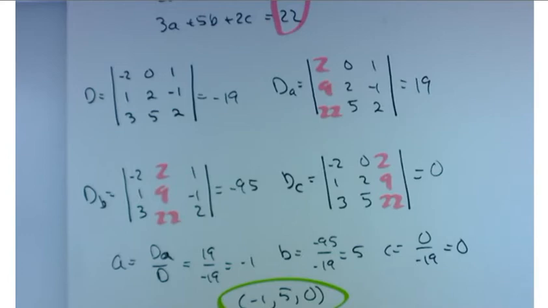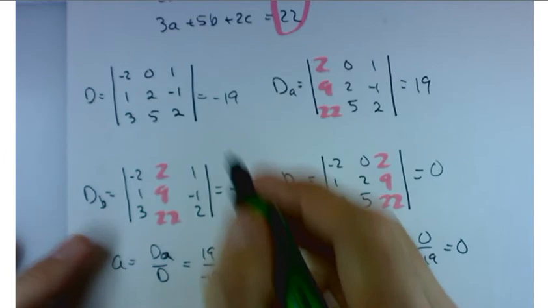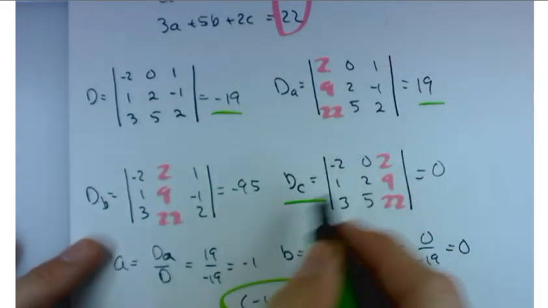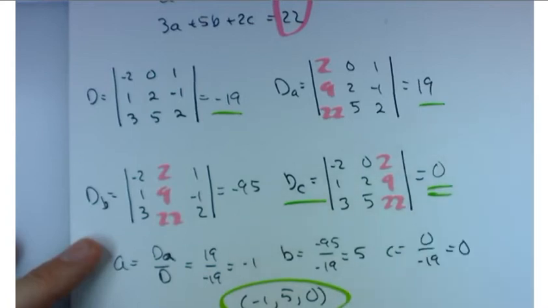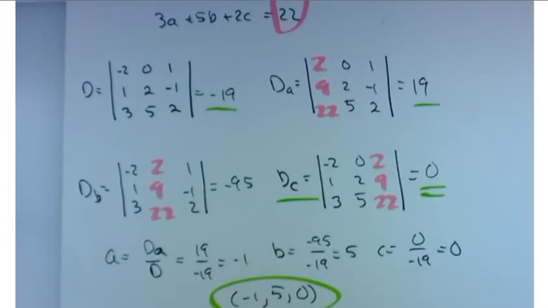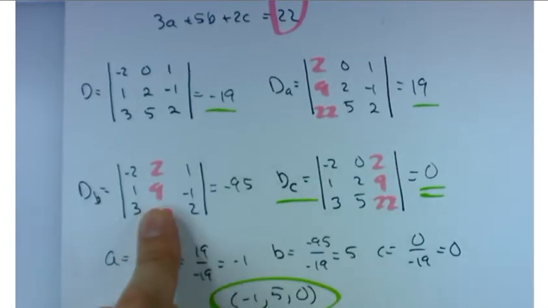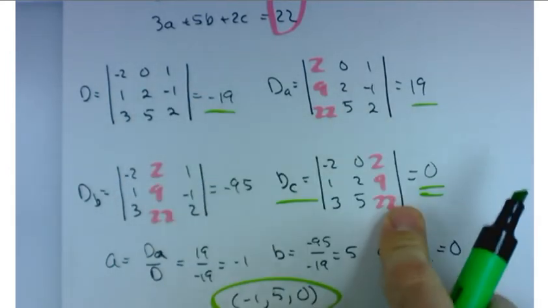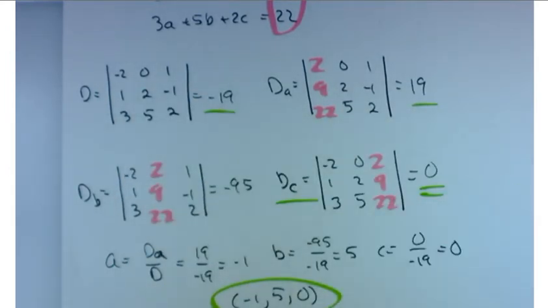So when I ask this question on an exam, typically what I'll do is I'll give you, say, D, dA, and dC. I'll give you 3 of them, and I'll say, okay, set up this last determinant that you would use to solve by Cramer's rule, and then finish solving using Cramer's rule. So I'm not going to tell you which one of these you'll have to work with ahead of time.